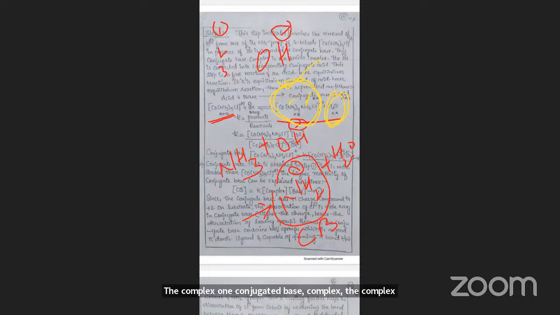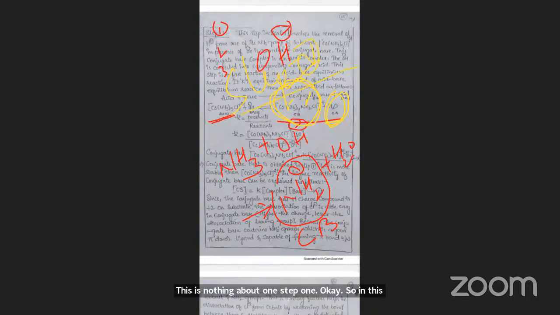This is step 1. This step is not the rate determining step.